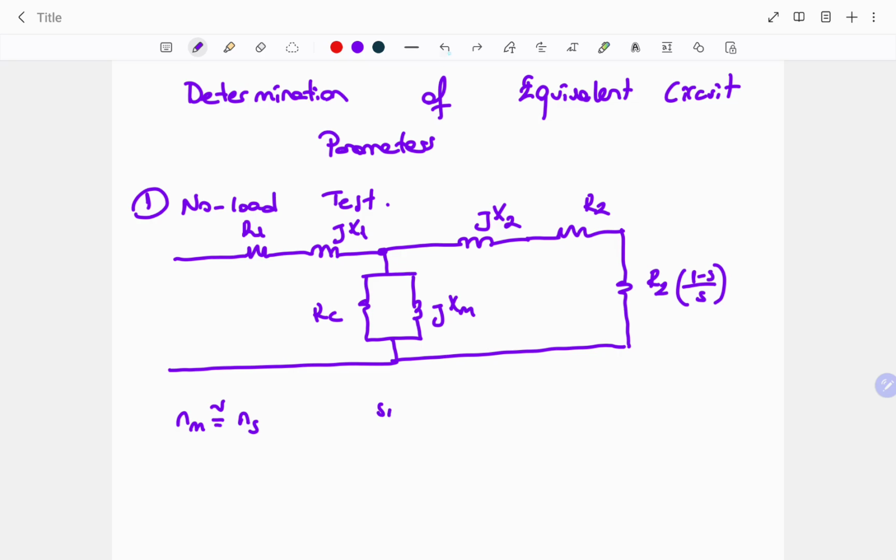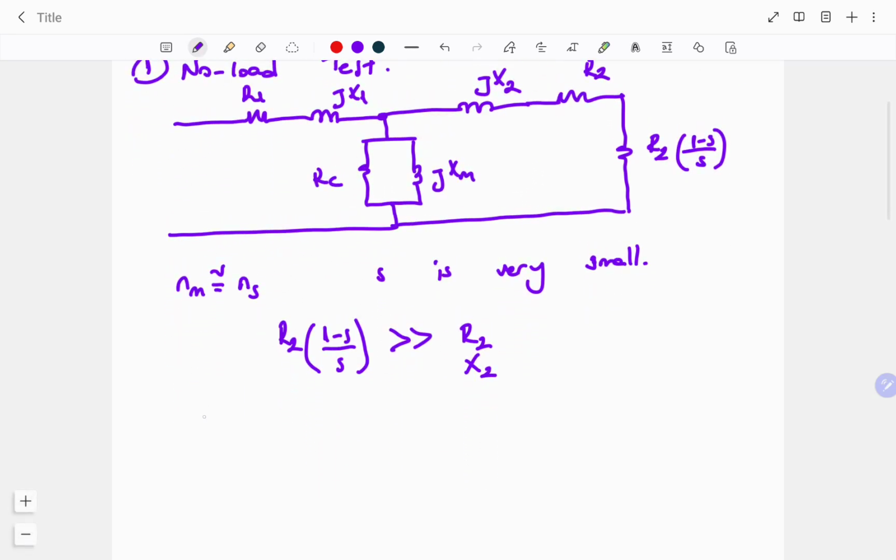During no load operation, S is very small, and from here we can say our last resistance in the modified equivalent circuit will be very large compared to R2 and X2. So the circuit can be modified. We can eliminate R2 and X2, and only R2 (1 minus S over S) remains in the circuit.